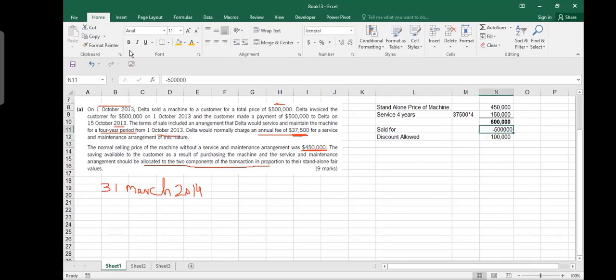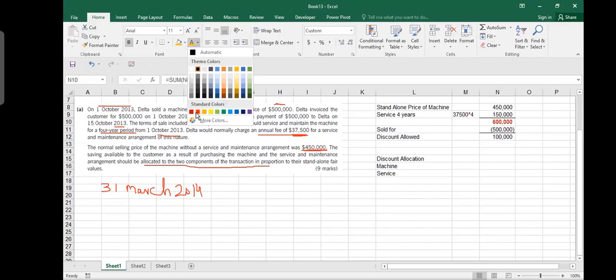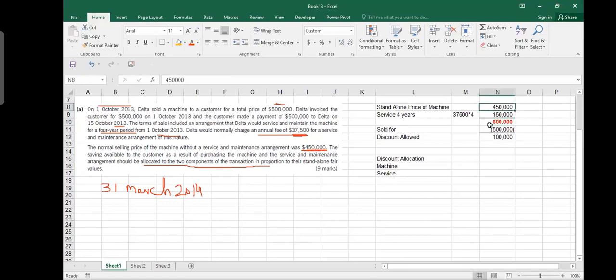We should be allocating this discount between the two components. Okay. So how should you charge the discount? I would say discount allocation, to machine and to service. You know that the total price was 600,000, and out of 600,000, 450 was machine.